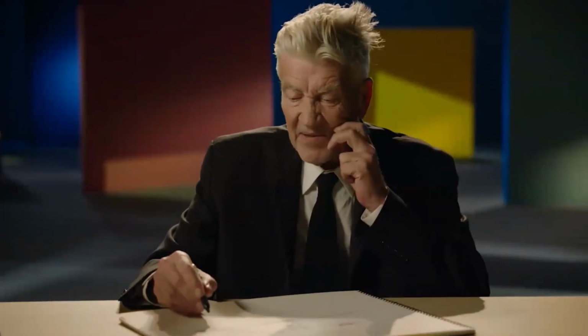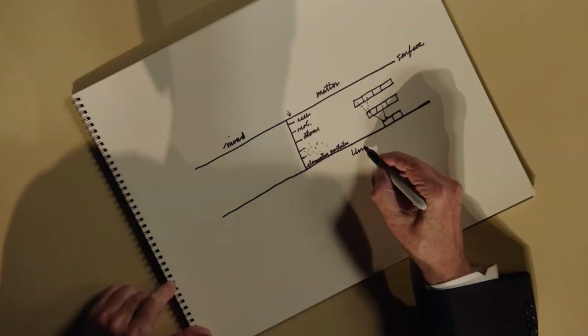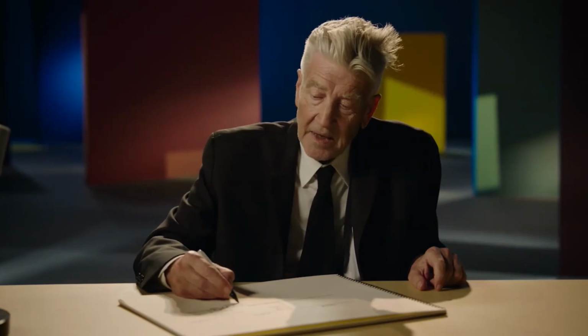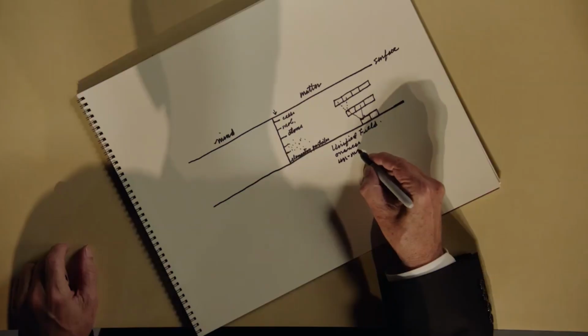In the 1970s, modern science, quantum physics, discovered the unified field. The unity of all the particles and all the forces in manifestation. Unified field. Oneness. And this field is unmanifest.